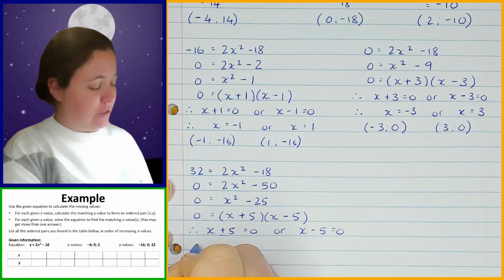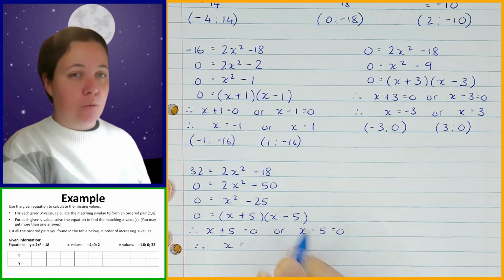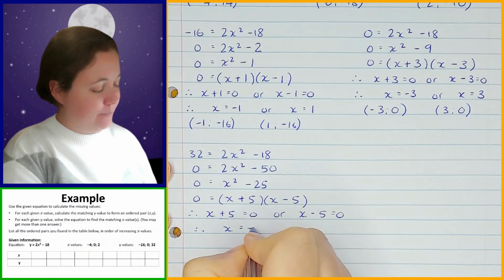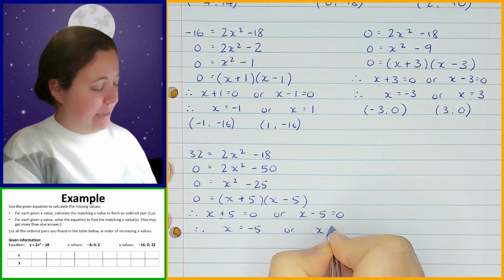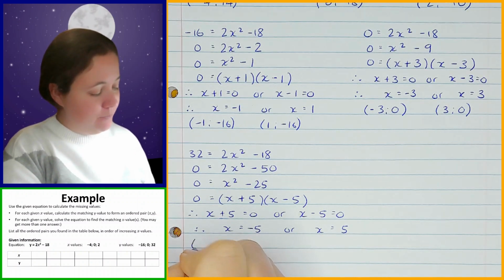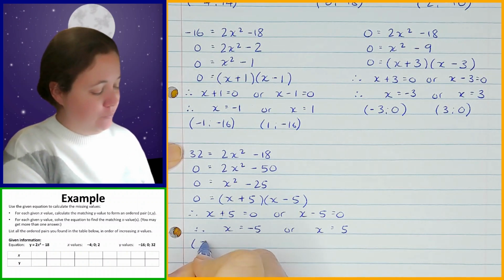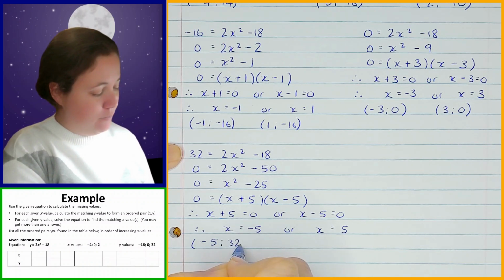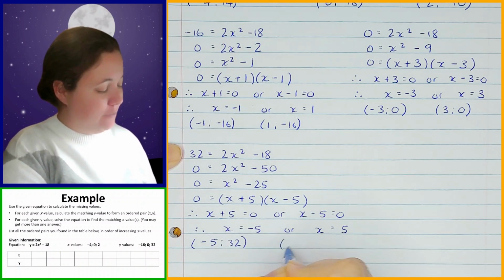And then I can solve for x. So therefore, x = -5, or x = +5. Okay, and then my ordered pairs are going to be (-5, 32) and (5, 32).